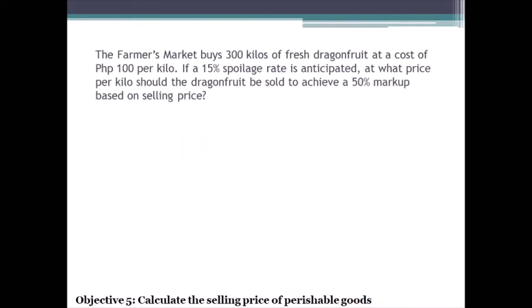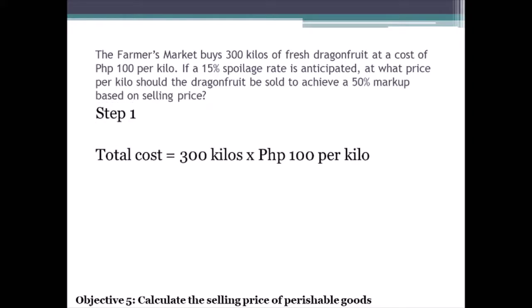Using the suggested steps, first step, we need to find the total cost. The quantity of the dragon fruit is 300 kilos and the amount is 100 pesos per kilo. So the total cost is 30,000 pesos.